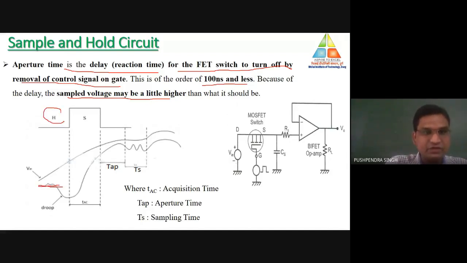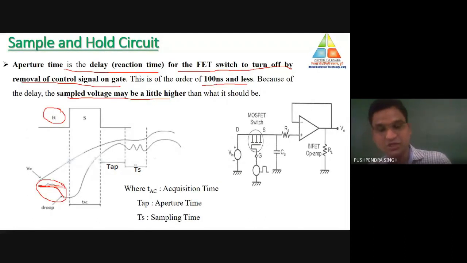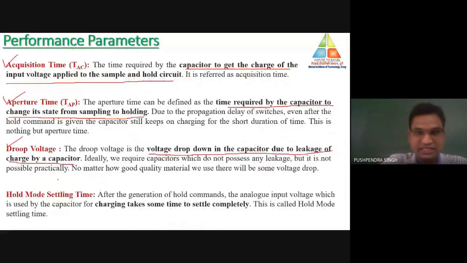This is the time period for the holding time. But due to leakage in the capacitor, you can see that there is discharging of the capacitor voltage, and this discharging is only due to leakage in the capacitor. That is basically the droop voltage.